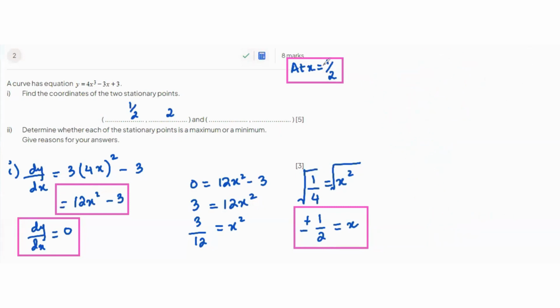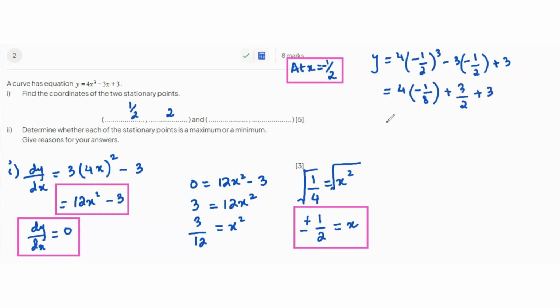At x equals negative 1 over 2 now. So y is going to be 4 times (negative 1 over 2) cubed minus 3 times negative 1 over 2 plus 3. That's going to be 4 times negative 1 over 8 plus 3 over 2 plus 3.